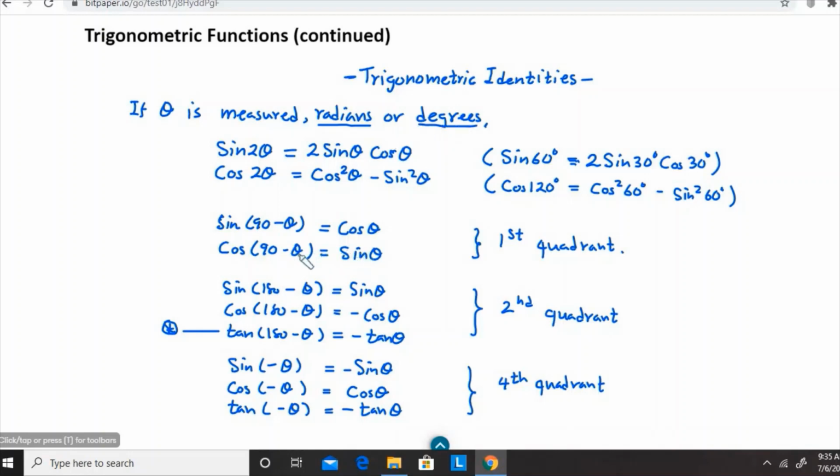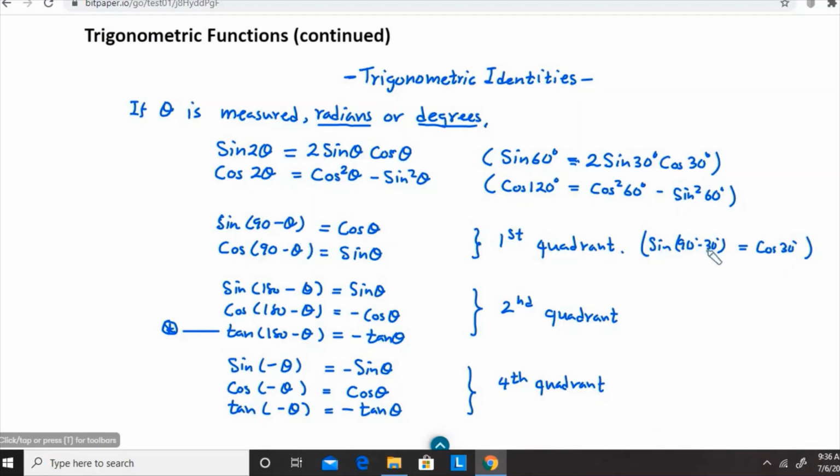So, as an example, if you think about sine of 90 minus theta, you can have, let's say, sine 90 minus 30 degrees. Okay? And according to this, that is equal to cosine 30 degrees, right?